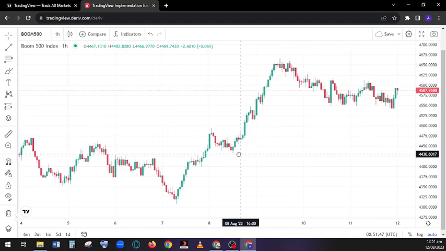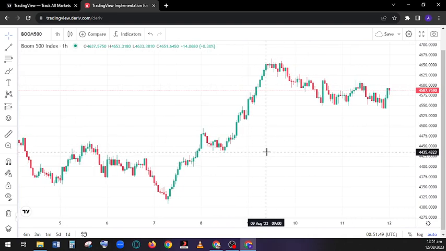As I said in the previous video, what we are looking for is, first, we need to identify our IFC areas, our structure, our trend, our inducement. After we've gotten these areas, we need to know where our liquidity is located, be it support and resistance, trend line, chart patterns, name them.